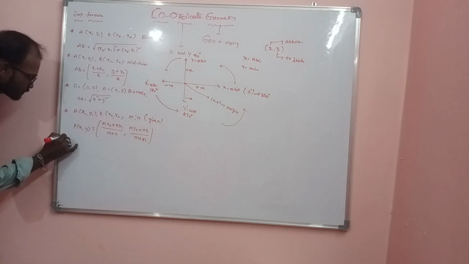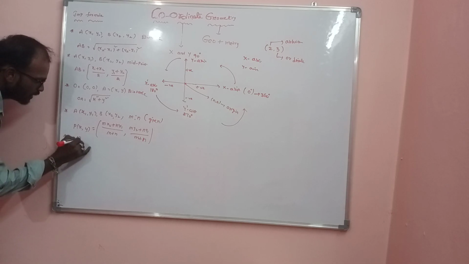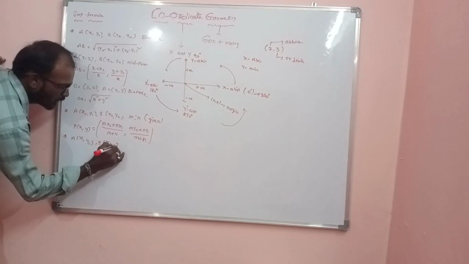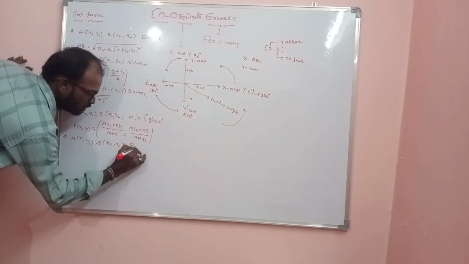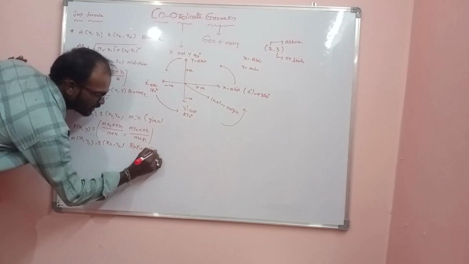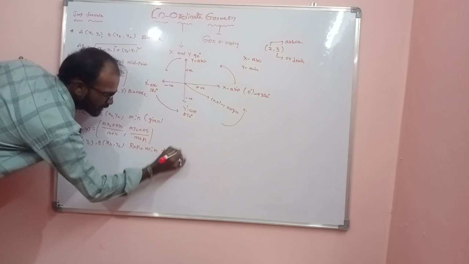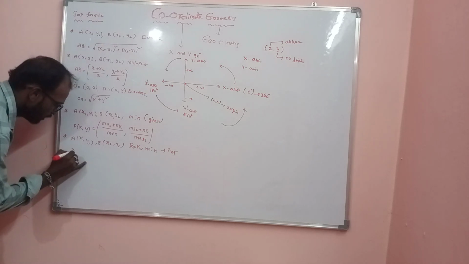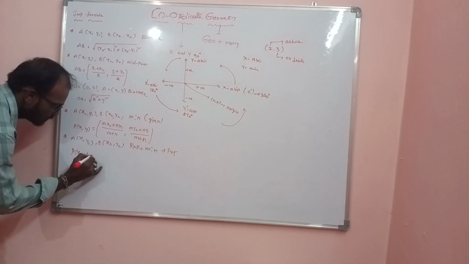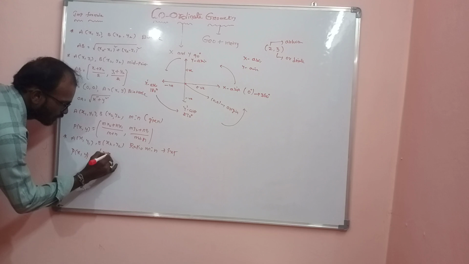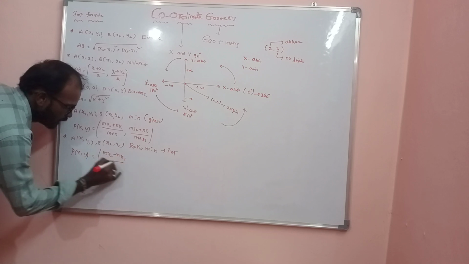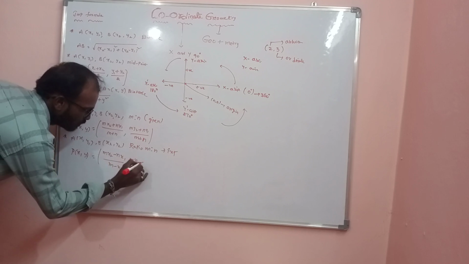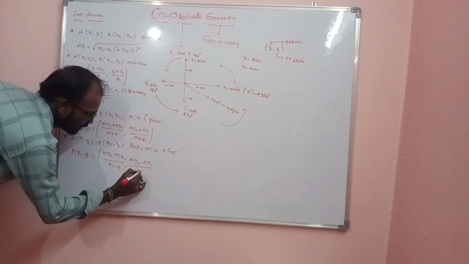Next, A is (x1, y1), B is (x2, y2), and the ratio m is to n divides externally. You can use the formula P(x, y) equal to ((mx2 minus nx1) by (m minus n), (my2 minus ny1) by (m minus n)).